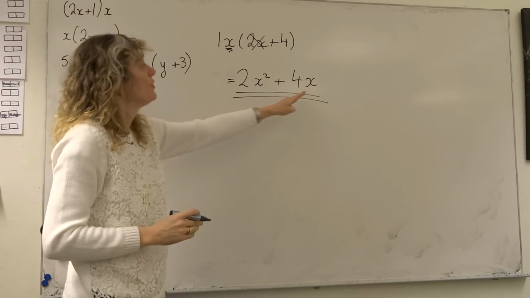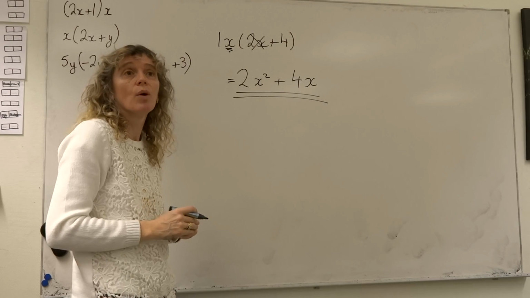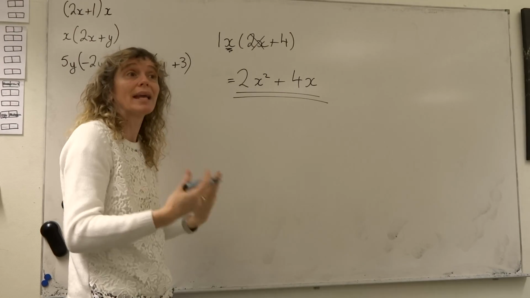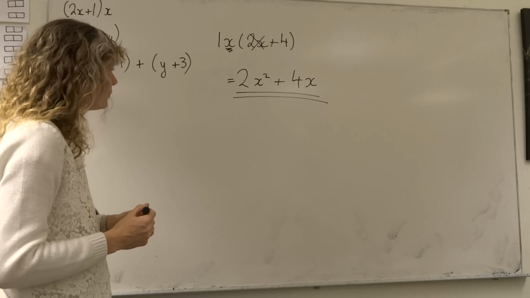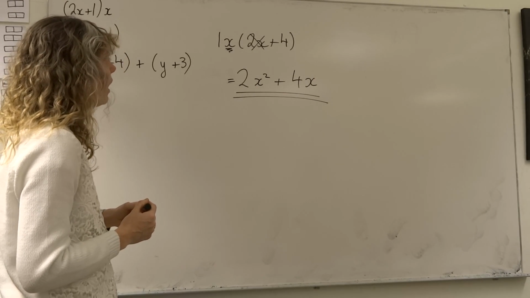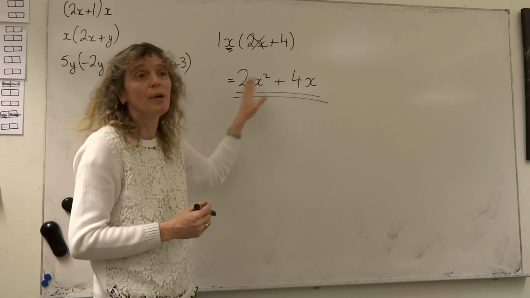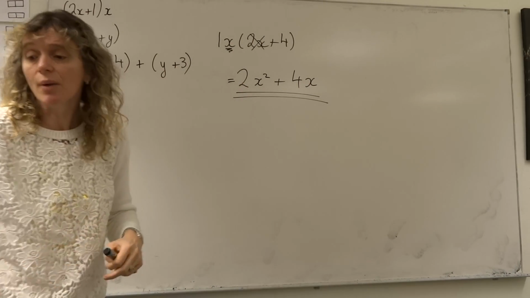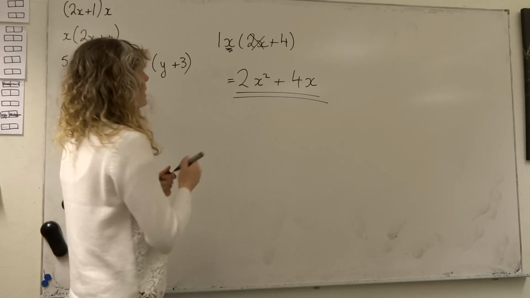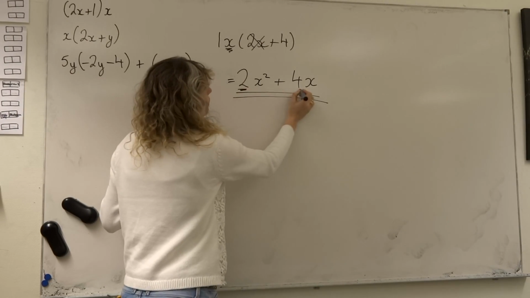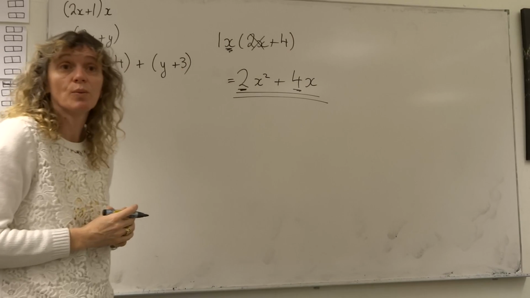If I was to give you this expression and I want you to simplify it and put the brackets back in, what do I do? Well, I have to notice what is common in both of these terms. And I would simplify this in a different way than it's done up here. Because I can see here I've got a factor of 2, and here I've got a factor of 2 as well.